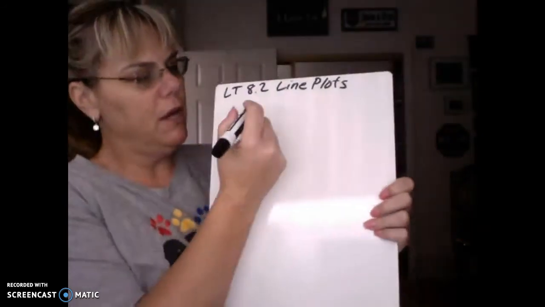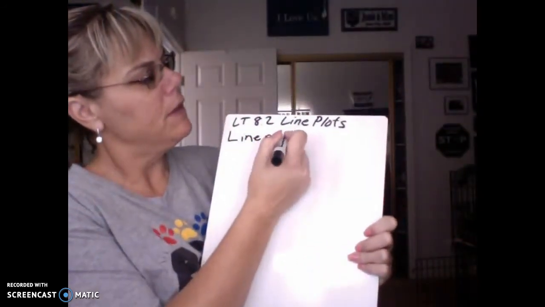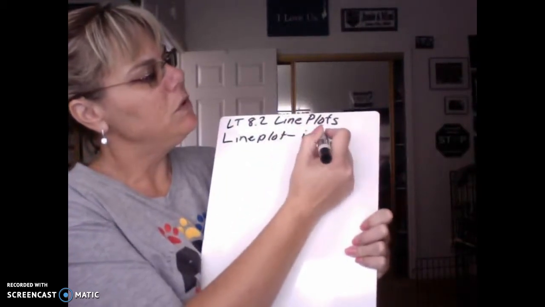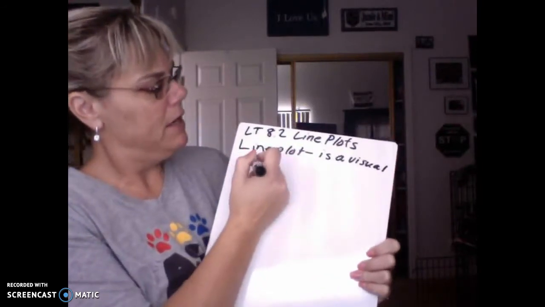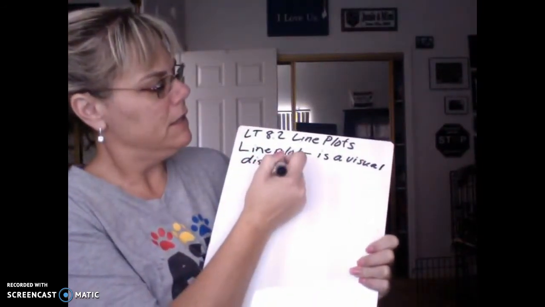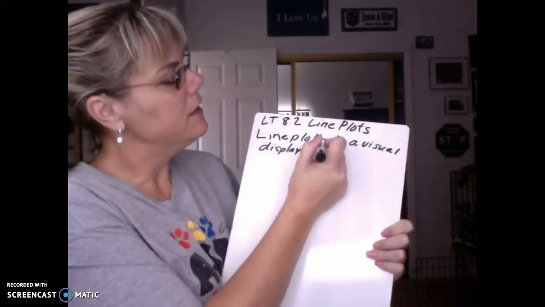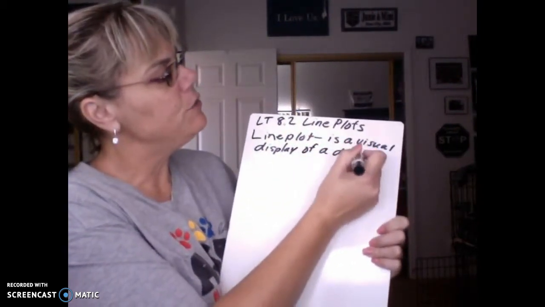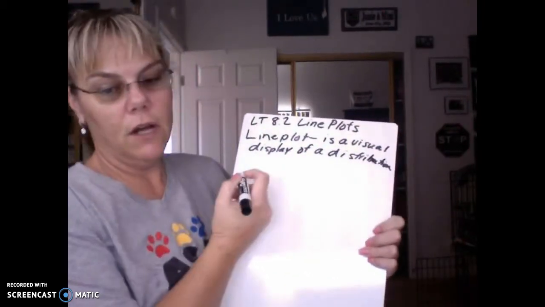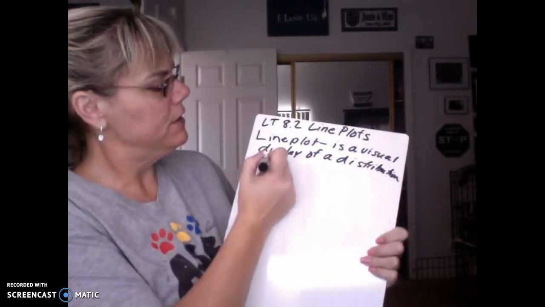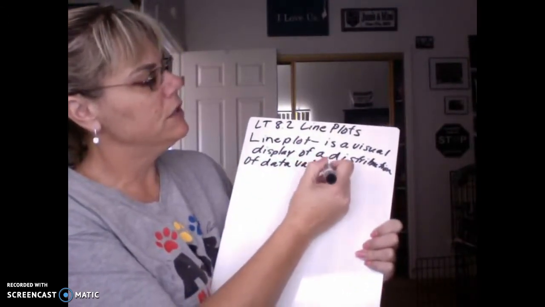So a line plot is a visual display of a distribution of data values. Remember, data values are just numbers.